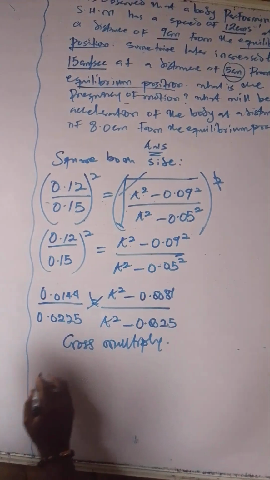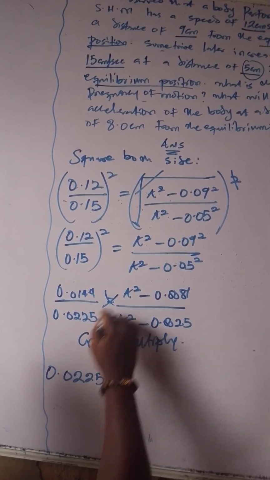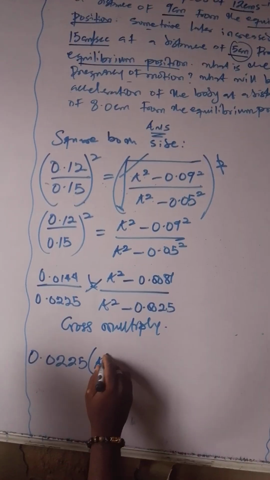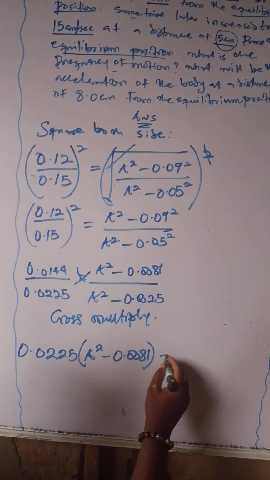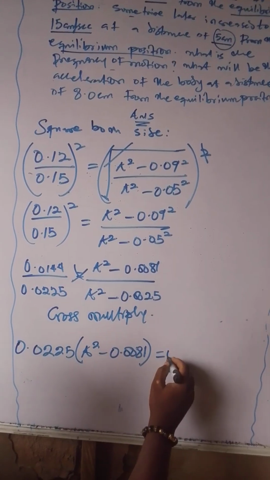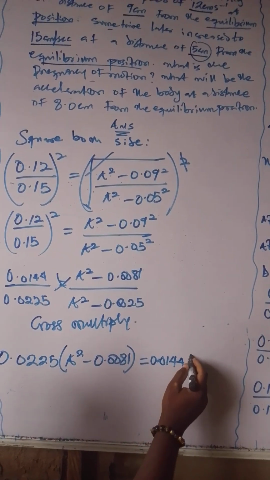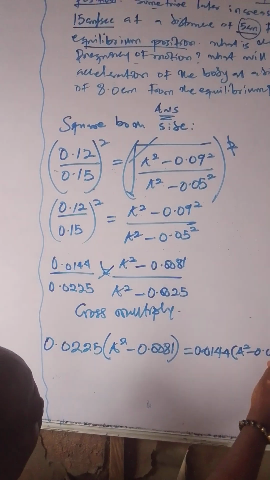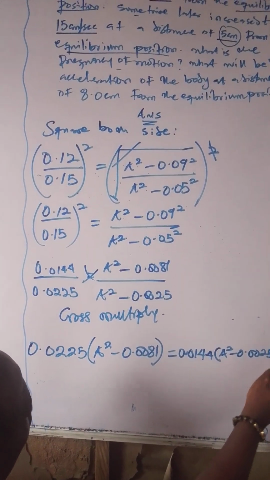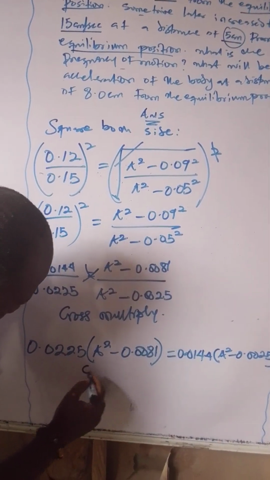We have 0.0225 bracket A squared minus 0.0081 equals 0.0144 bracket A squared minus 0.0025.